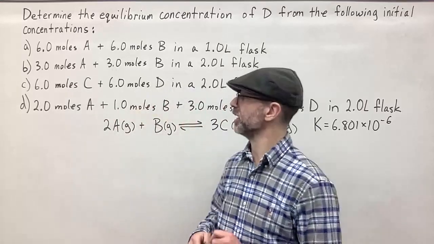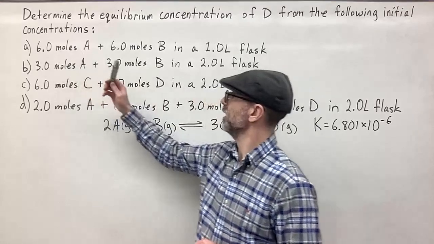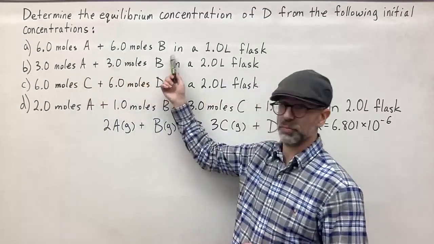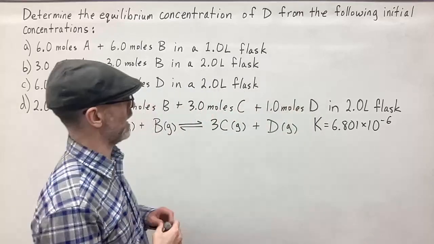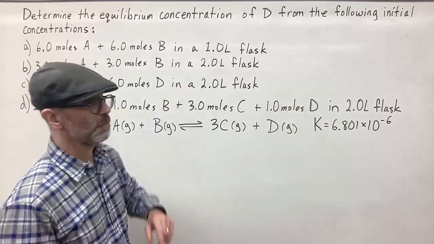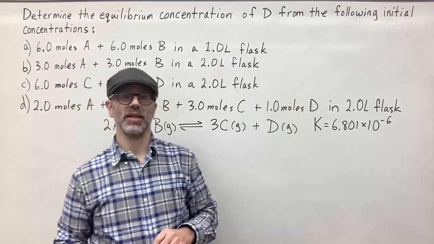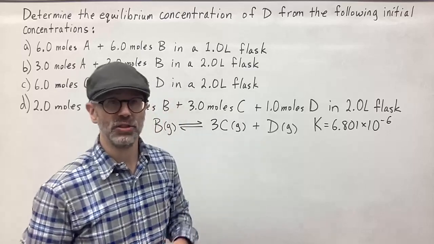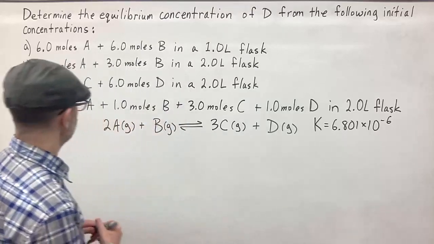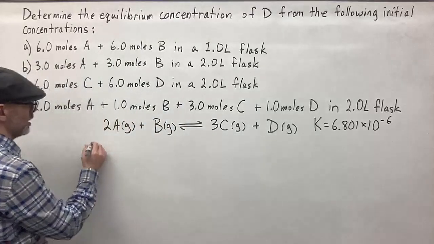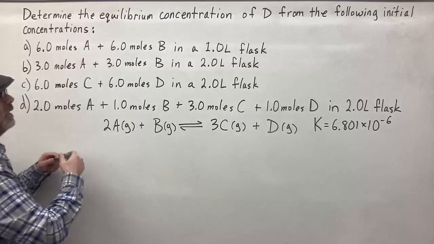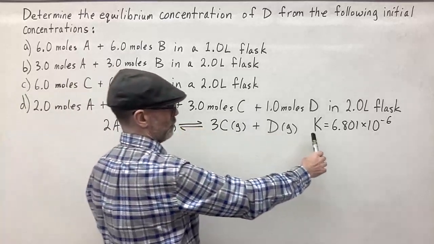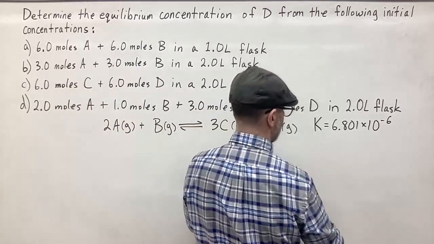So in A, we're given 6 moles of A and 6 moles of B, and the volume of the flask is 1 liter. So in this case, we can go ahead and do our ice table. The reason is because if you look at the K value here, this is KC.